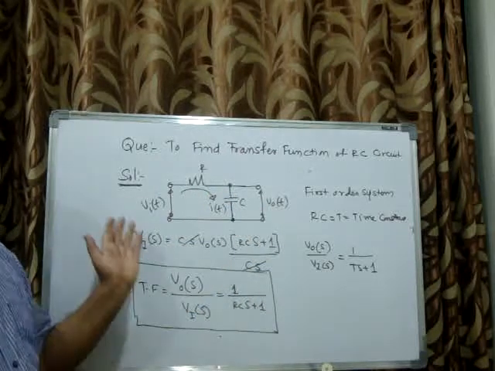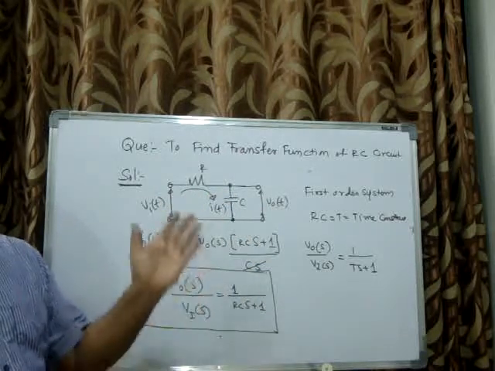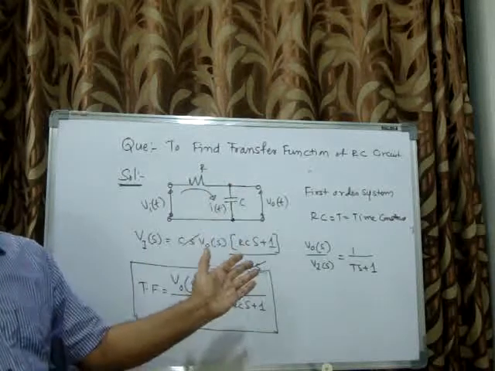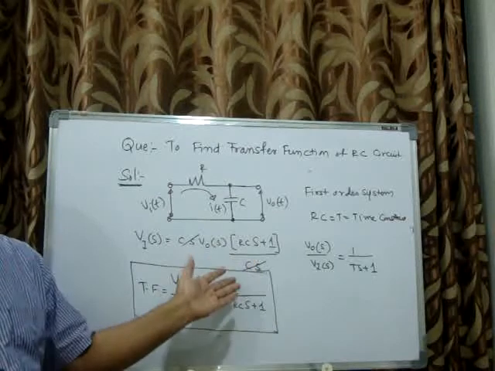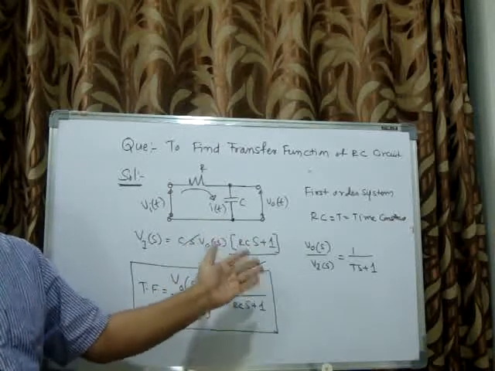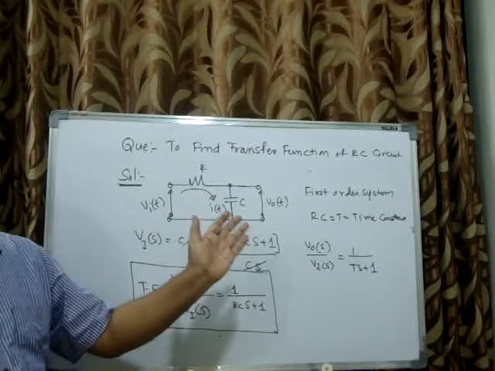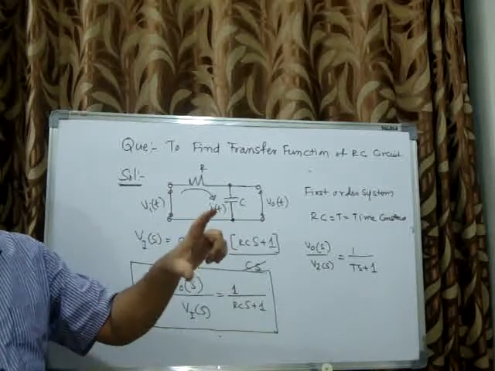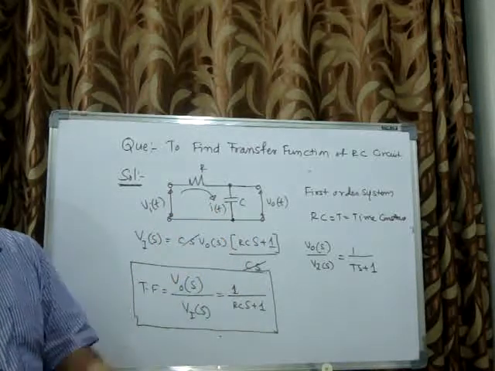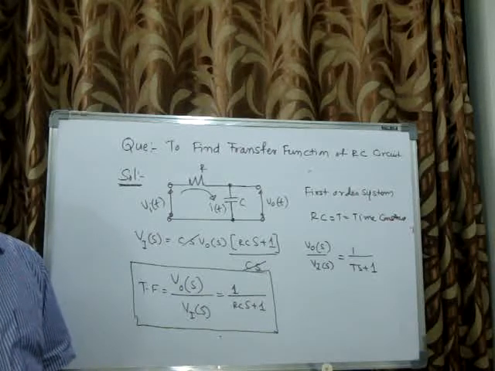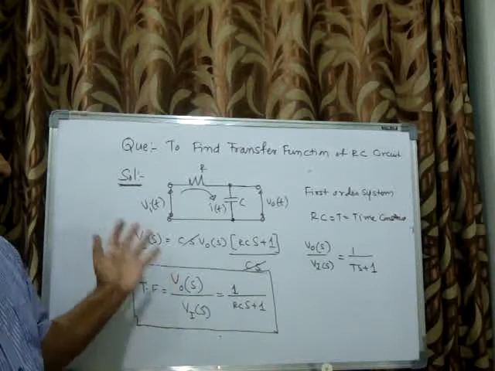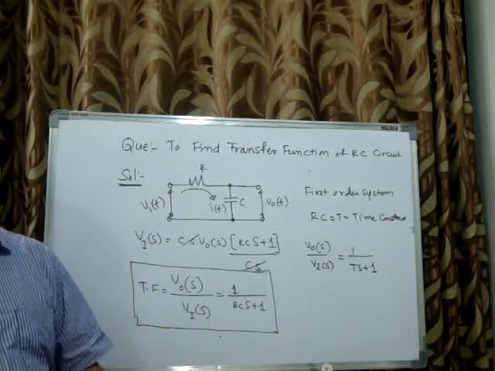Some are mechanical input, like a spring mass system: you apply a force, and the output is displacement, that is also mechanical. Some are thermometers: heat is the input, and the output is the displacement of mercury. So a variety of examples we'll see in the next lecture.